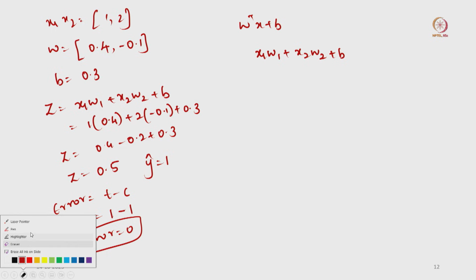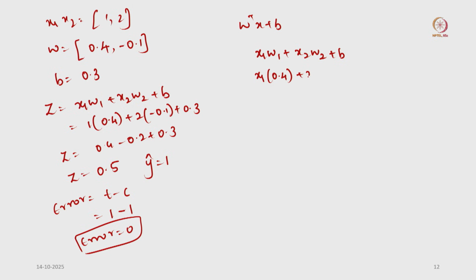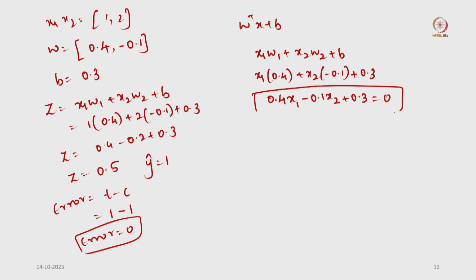What is our W1? It is 0.4. What is W2? It is minus 0.1. And what is the bias? 0.3. So, we can write our equation as 0.4 x1 minus 0.1 x2 plus 0.3 equals 0. This is the final decision boundary that we have got by the end of our training.